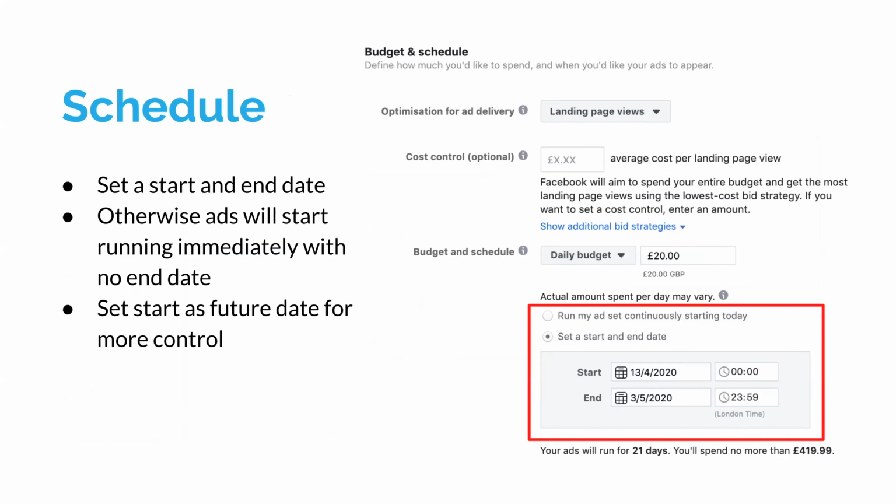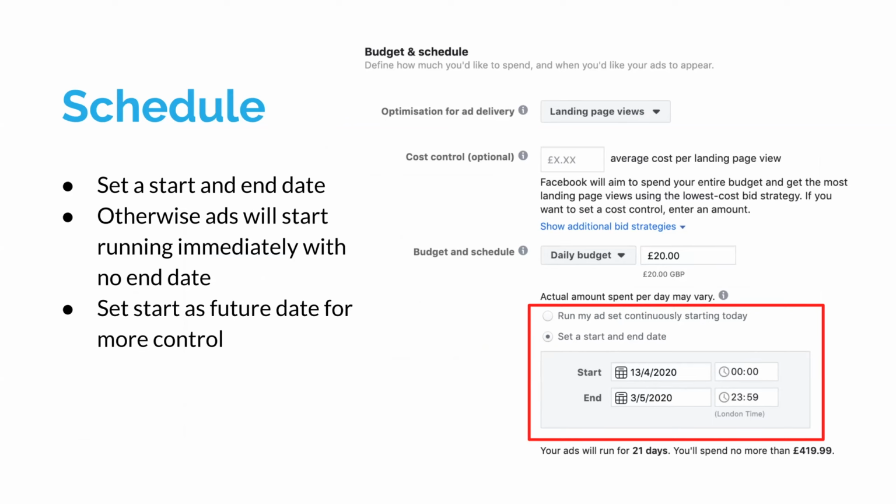So yeah, this is where you click on the option to set a start and end date rather than going with their default option of running ads straight away. So you click on this little radio button which says set a start and end date, and then you've got a calendar view where you can set your ads to run.